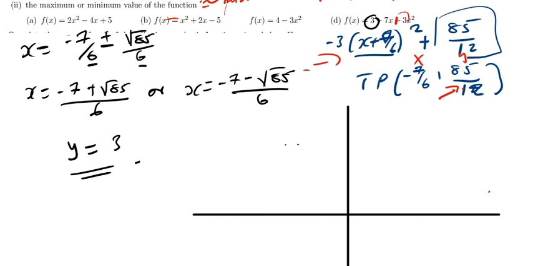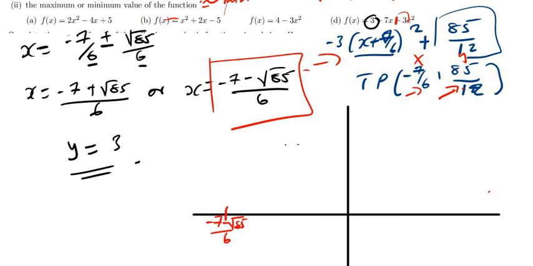The line of symmetry, we said, is the x value. That value is always in between the other x and the other x. So this x, if you look at this, is a negative. If we find the square root of this, it's going to give us still negative. I'll put it here, which is negative 7 minus root of 85 divided by 6. Now, this number is smaller than negative 7 over 6.